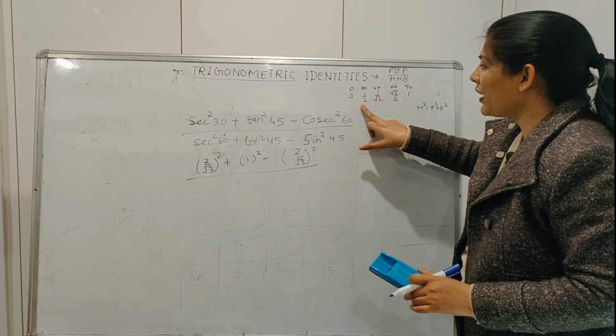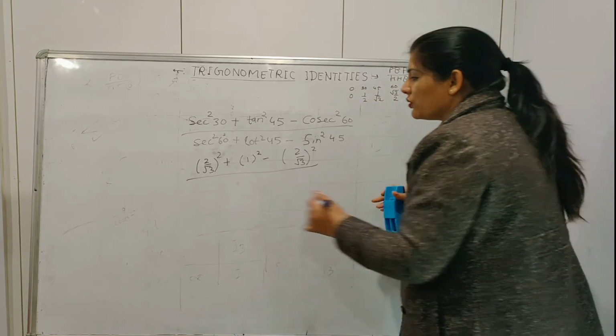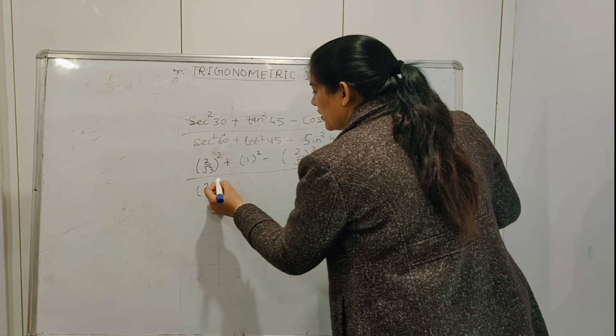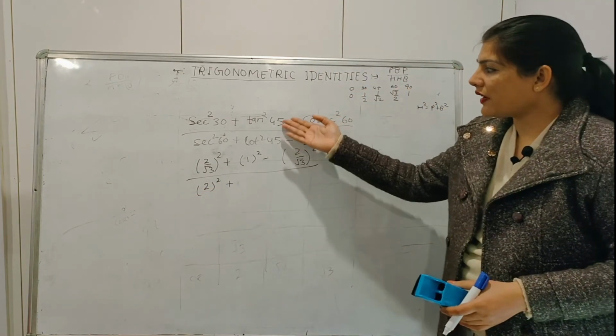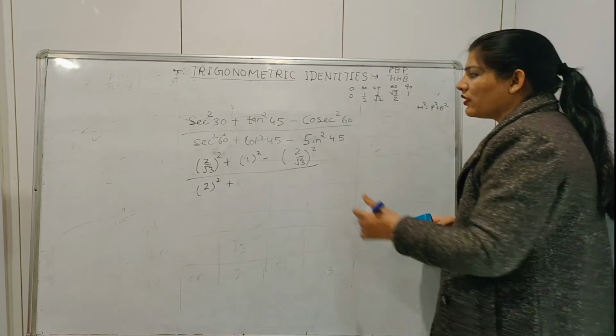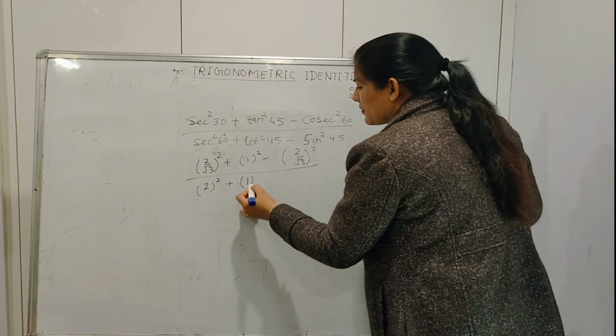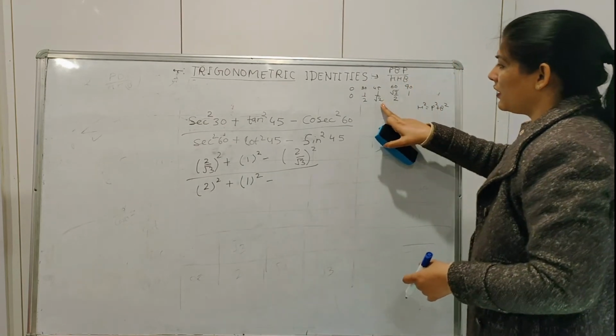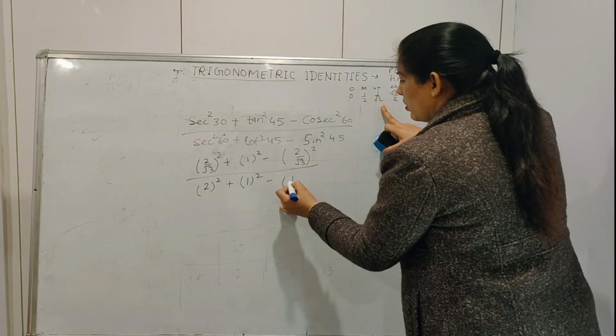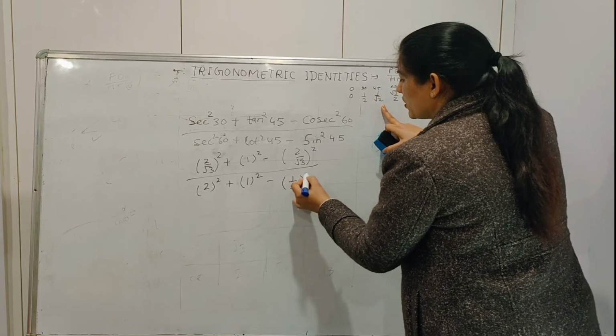So you have to write the reciprocal of this. So this is 2 square plus cot 45, which is 1, so 1 square, minus sin square 45, so write 1 upon root 2 square here.